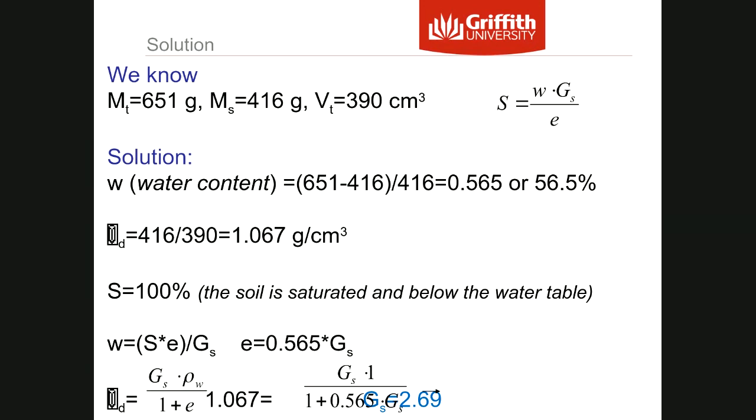The formula that we are going to use is also given to you in the formula sheet: dry density equals specific gravity times density of water, divided by 1 plus void ratio.